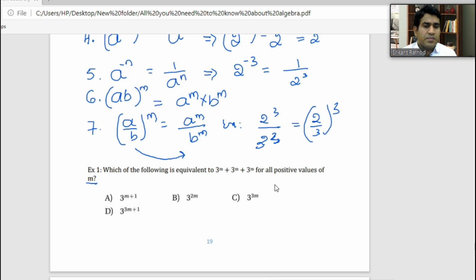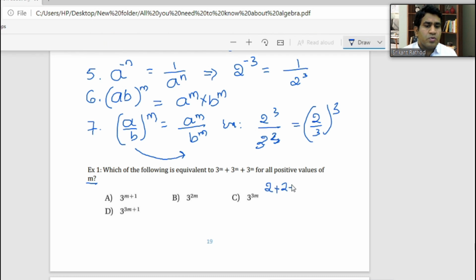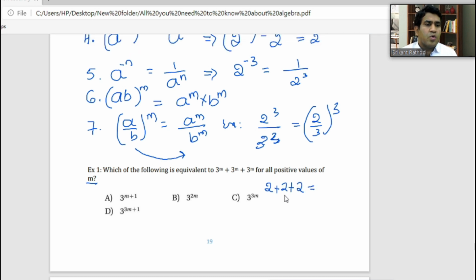Look, when I write 2 plus 2 plus 2, that can be written as 2 times 3. It says like 2 I am adding 3 times. That's how we relate addition with multiplication. 2 plus 2 plus 2 means you are adding the number 2 three times, and that gives you the result 6.